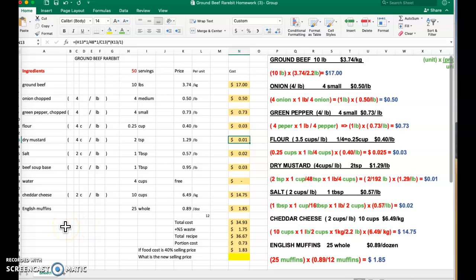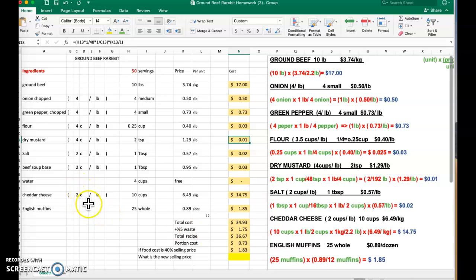For cheddar cheese, the recipe calls for 10 cups and the price is 60.49 per kilogram. So the units don't match, so I had to calculate. For 10 cups, I know that some number of cups equals a pound.